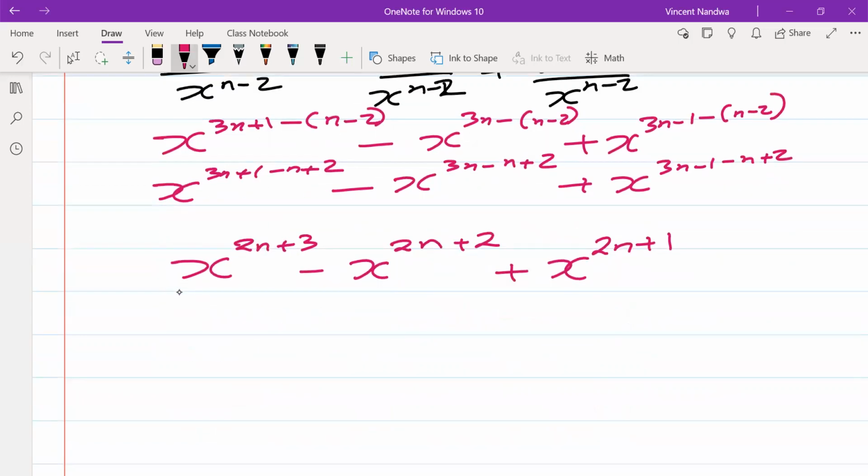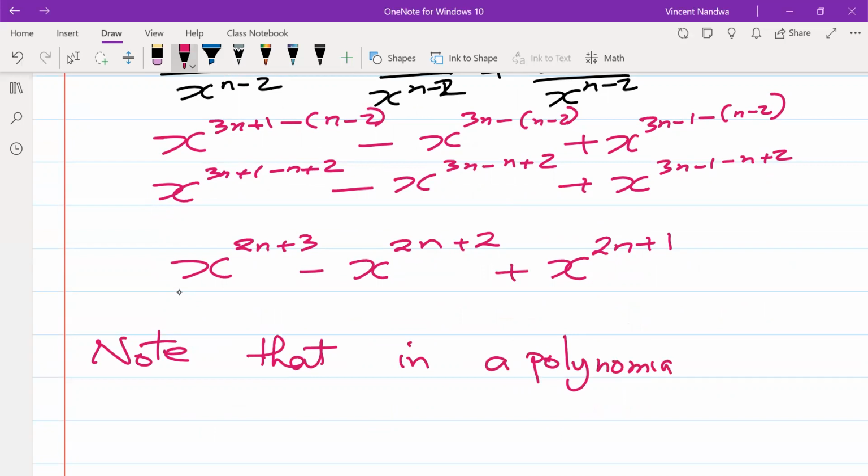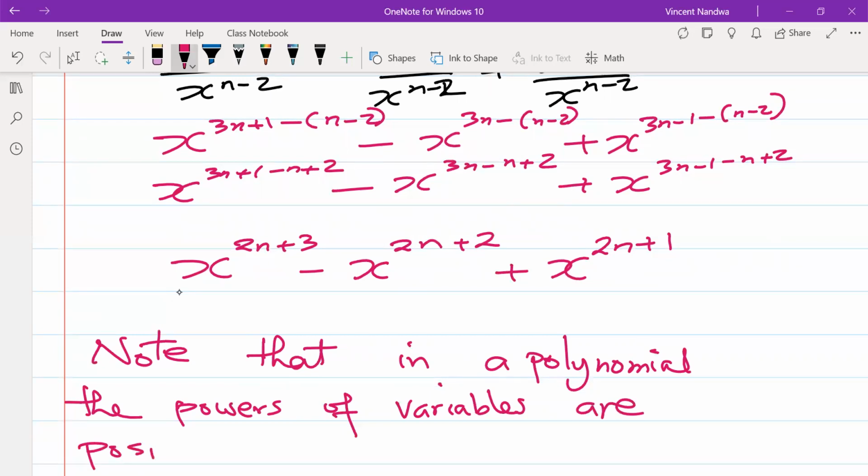Division of polynomials. Note that in a polynomial, the powers of variables are positive integers, and no variable is in the denominator.